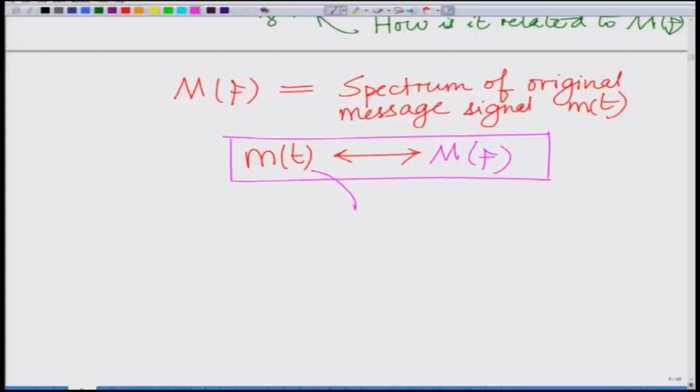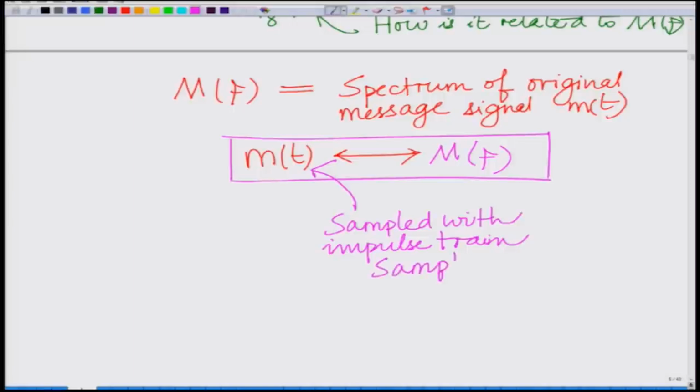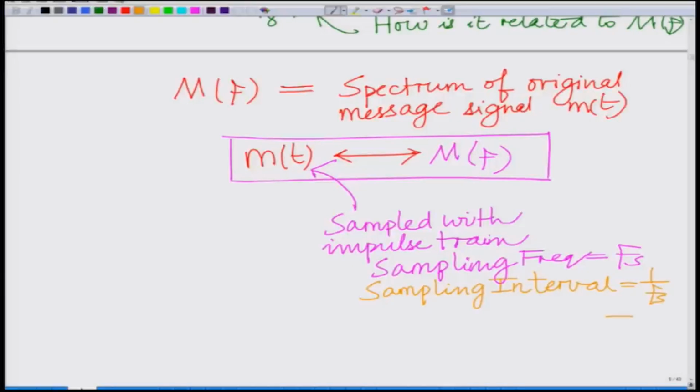We are sampling it with an impulse train at sampling frequency Fs, that is, sampling interval Ts equals 1 over Fs.